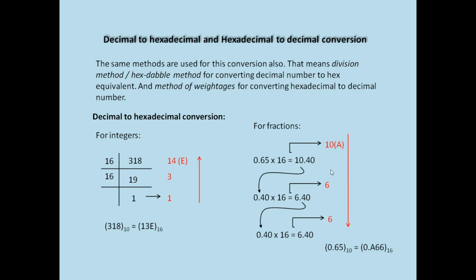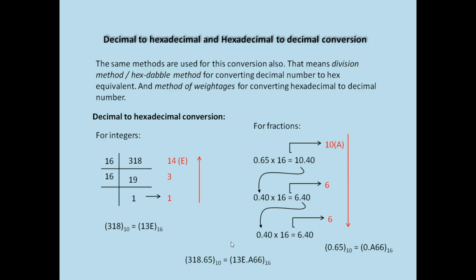And if these carries contain a number greater than 9, it will be replaced by its hex equivalent. So 10 is replaced by A. The carries taken in forward order give you the hex equivalent of the given fractional number. So 0.65 in decimal is equal to, it is not just A66, it is 0.A66 in the hexadecimal number system.